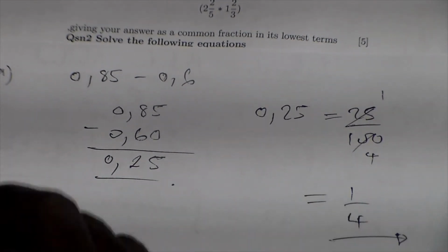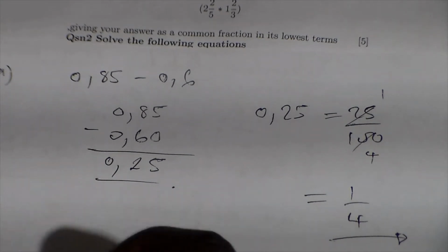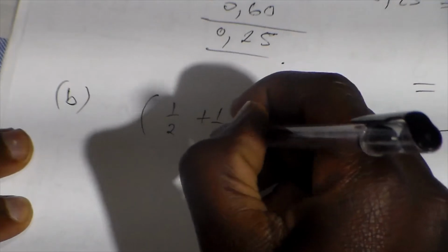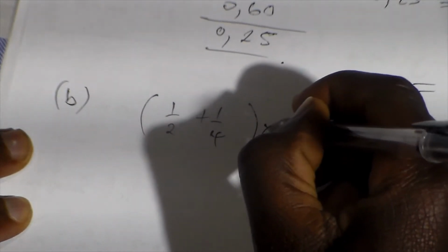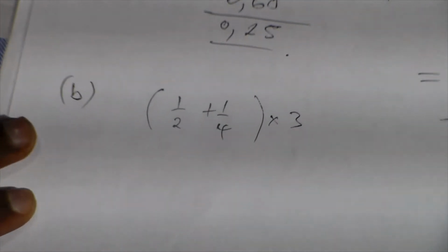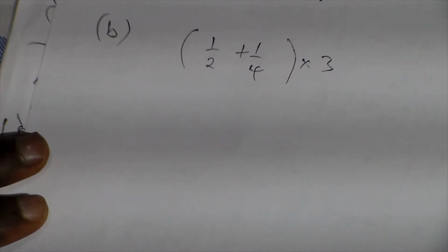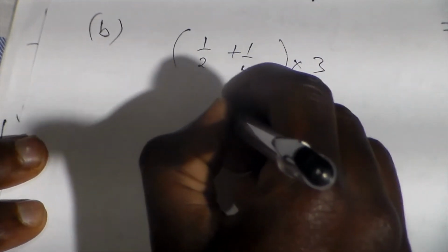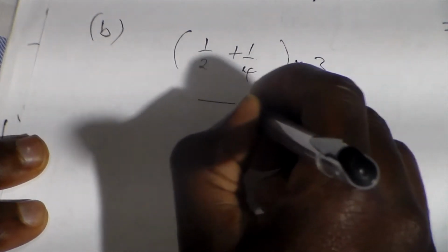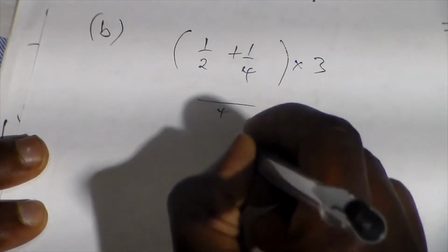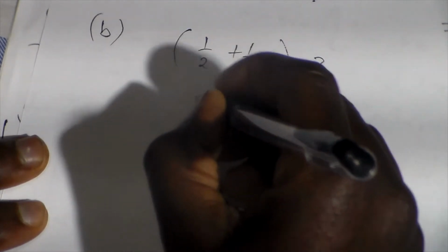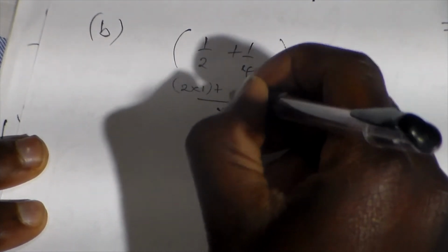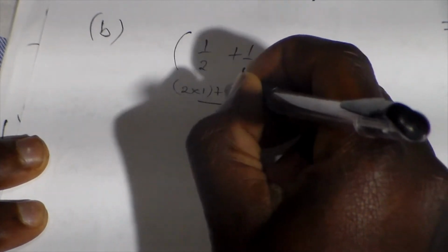Okay. Getting on to part B, it is saying a half plus 1/4, multiplied by 3. Here, what we'll do is first simplify inside the bracket. Then we'll say 2 into 4, we'll get a 2 by 1, plus 4 into 4 is 1 by 1.